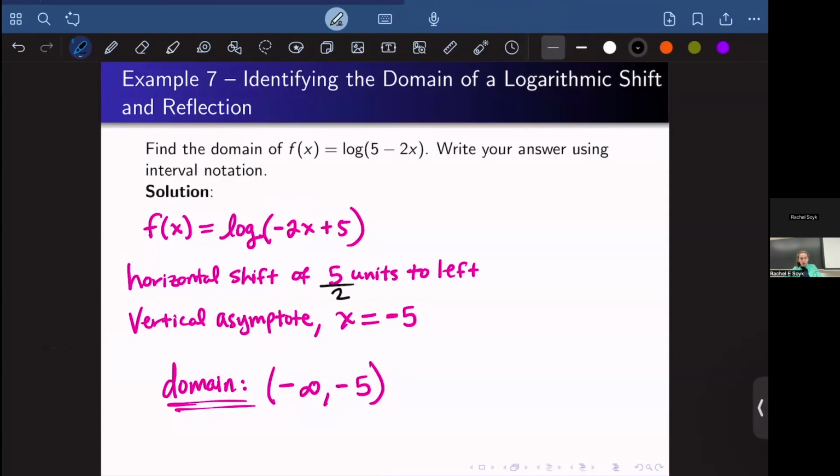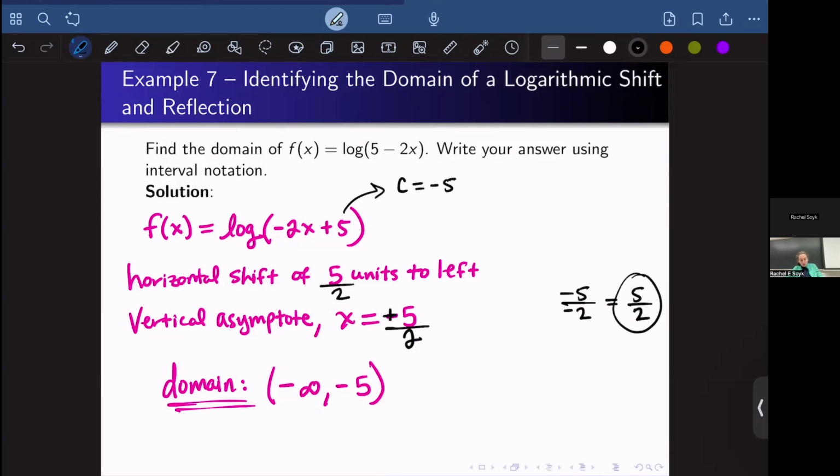And so because our C value, aka our horizontal shift, is -5, then we have our -5 divided by this coefficient in front of our x to give us our vertical asymptote, which once again is the same as our horizontal shift. So that's why it's not a -5 for our horizontal asymptote, it's 5/2.